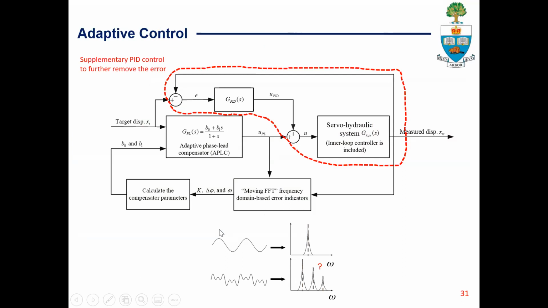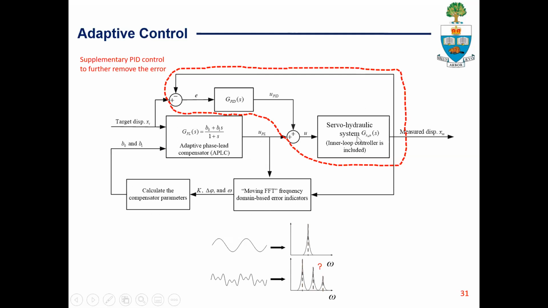It works quite well when there is a dominant frequency in the command and measured signals. But if you have multiple frequencies occurring simultaneously, the adaptive controller, as originally implemented, starts to suffer.